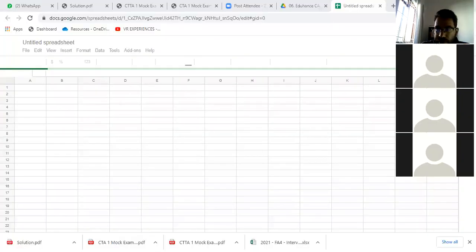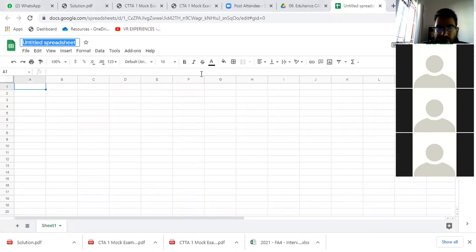So let's quickly have a look. I'm opening up a new Google Sheet and I'm going to share it with you now. Can someone tell me the name of this question? Is it a particular question, or just a mock exam?